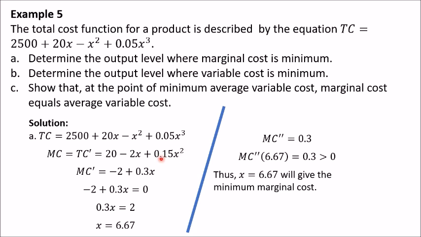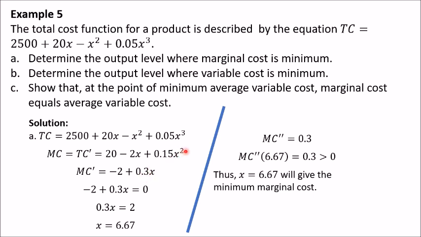And because we need the minimum for marginal cost, we have to get the derivative of the marginal cost. So derivative of this marginal cost is equal to this one. Derivative of 20 is 0, so no need to include here. Derivative of negative 2x is just negative 2. And derivative of 0.15x squared is this one, 0.3x. Paano nangyari yun?